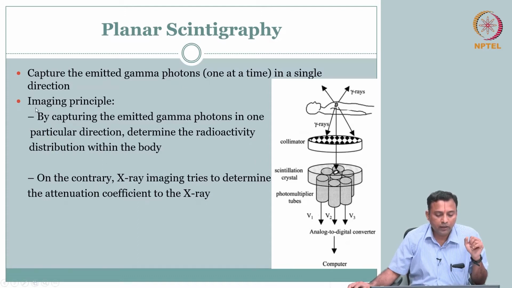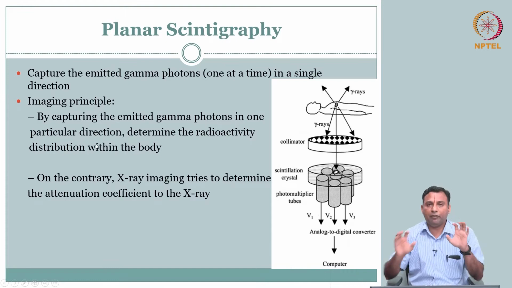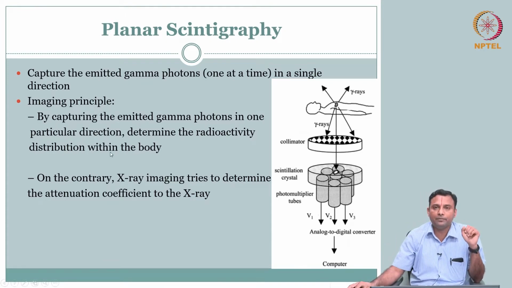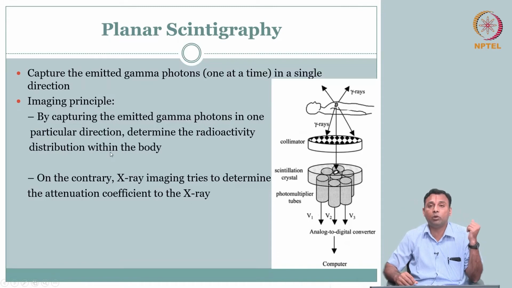The imaging principle: you capture the emitted gamma photons in a particular direction. After you capture that, you want to say where that radioactivity is coming from within the body. What is the distribution of radioactivity in the body?